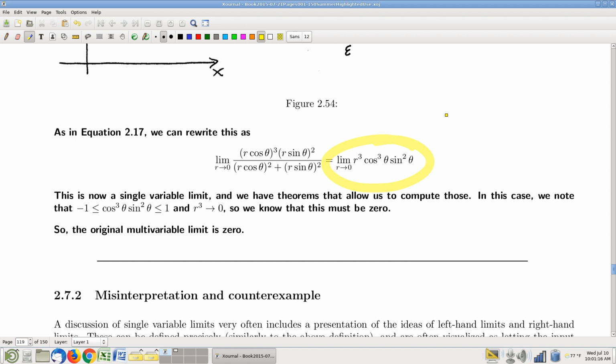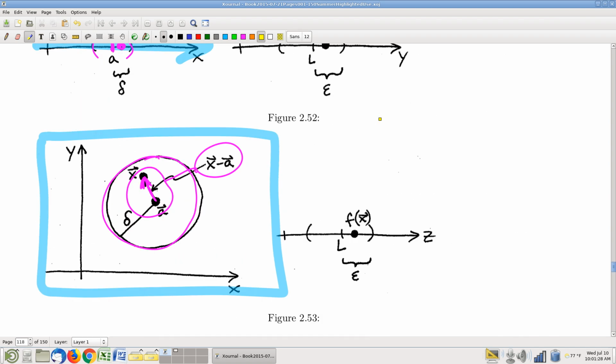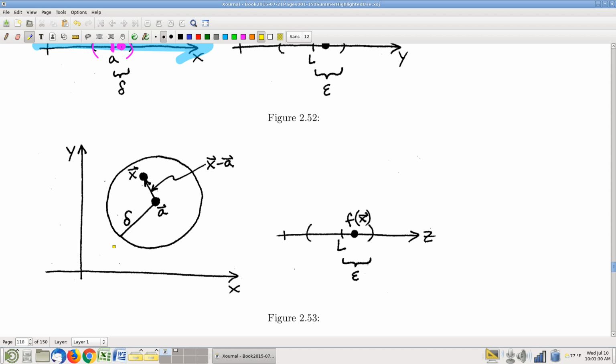Now, here's the problem as it remains. I'm letting r approach 0. What's theta doing? Well, r is approaching 0 in the sense that these disks are getting smaller and smaller, so I know r is approaching 0. But theta, I haven't got the slightest idea what theta is doing.